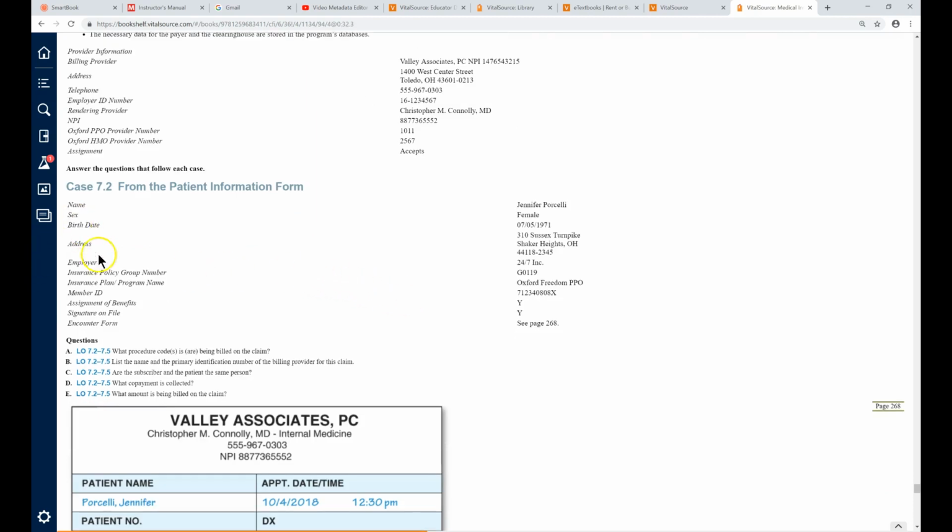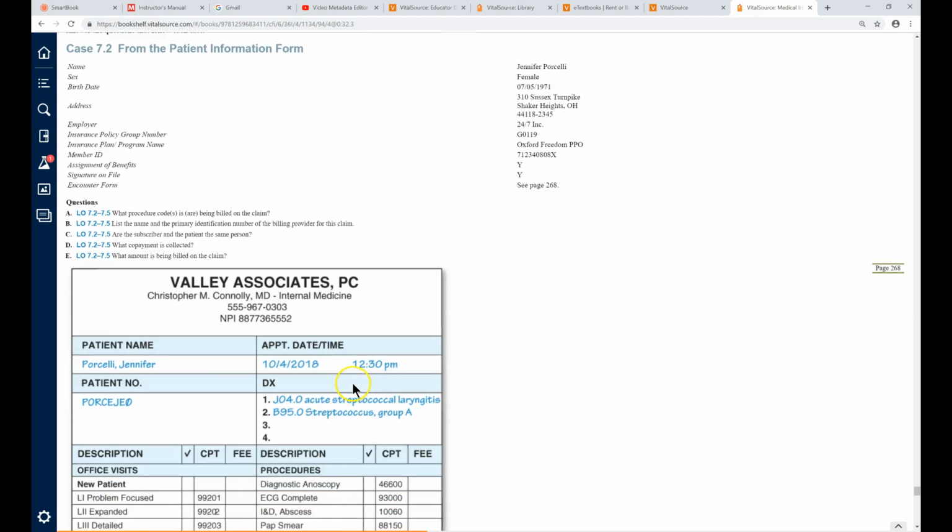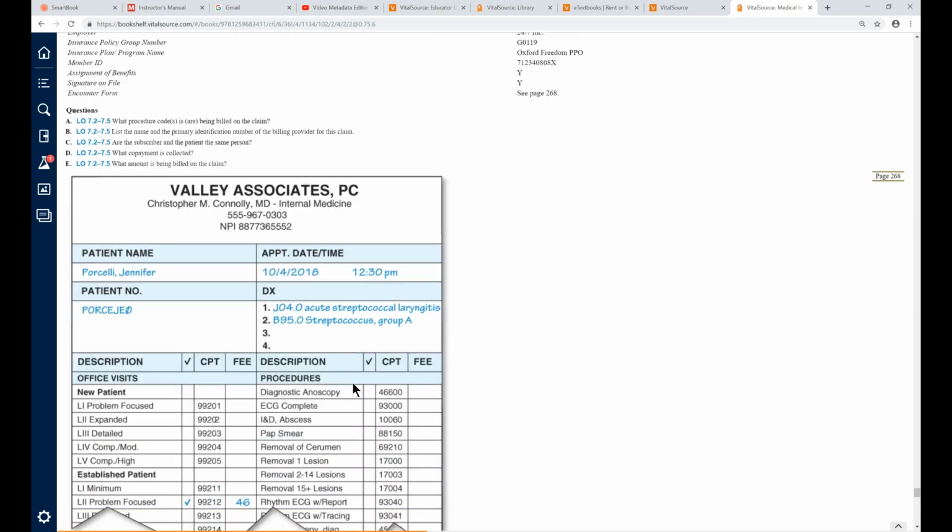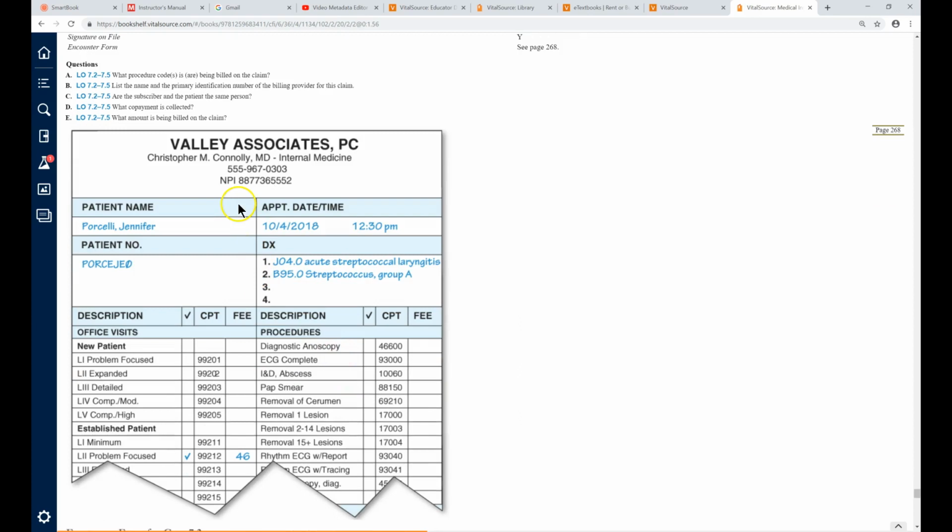Now here you have information about the patient's name, sex, date of birth, address, the patient's employer, the insurance group plan. All of that information is here. This is the encounter form for that patient's visit to Dr. Conley on that day. So it's Jennifer Porcelli.